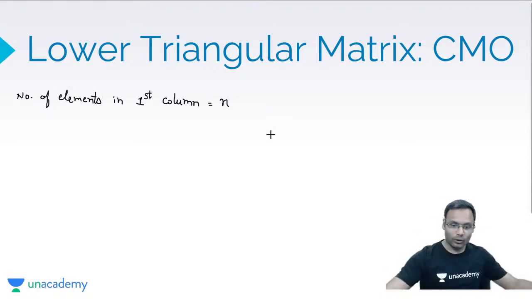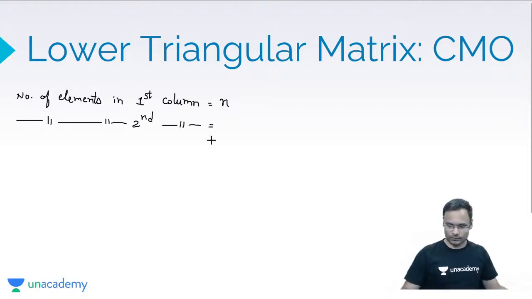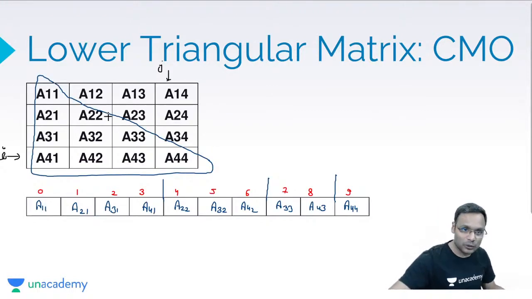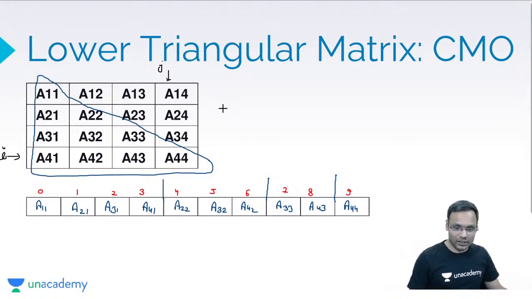Right? Now I am asking second question. Number of elements in the second column, how many? In the second column, how many elements you are storing? 3, which can be n minus 1.